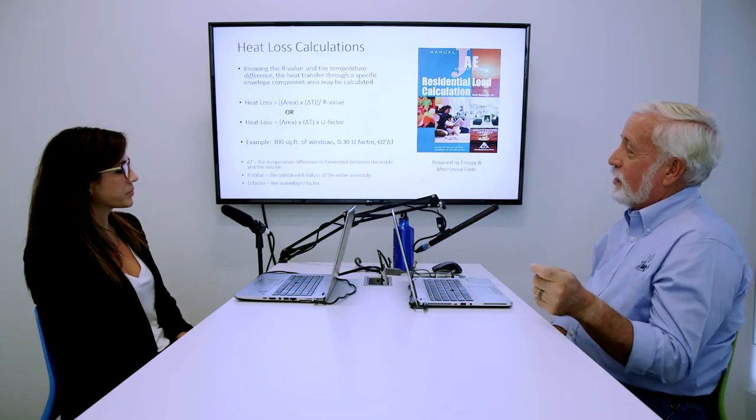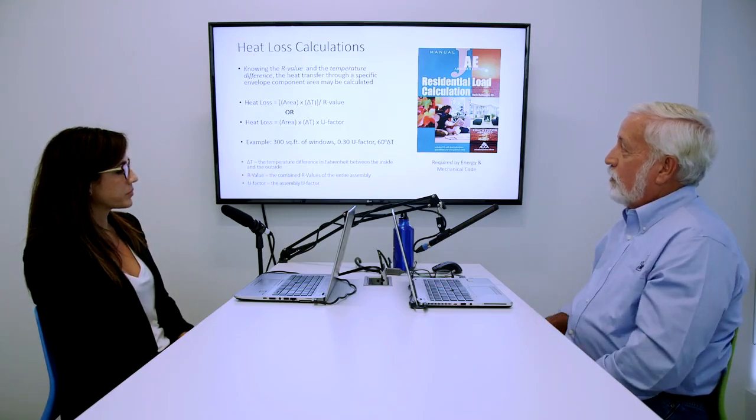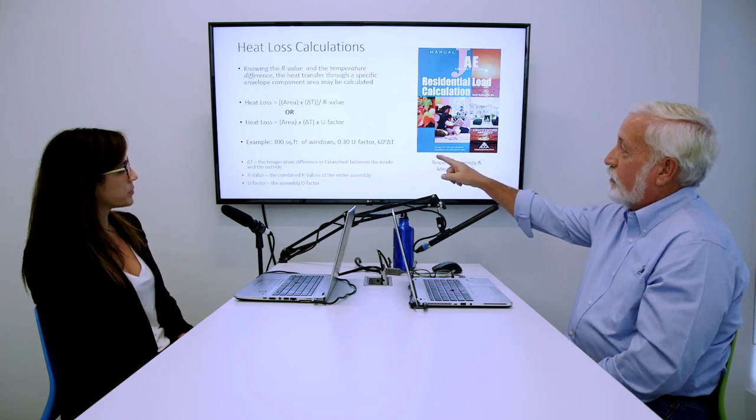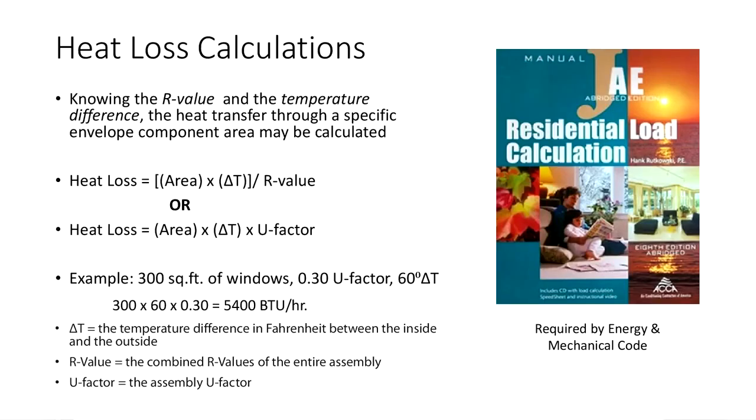And if we remember the definition of the U factor, for every degree Fahrenheit, we will have 0.3 BTUs transferred through 1 square foot of window.